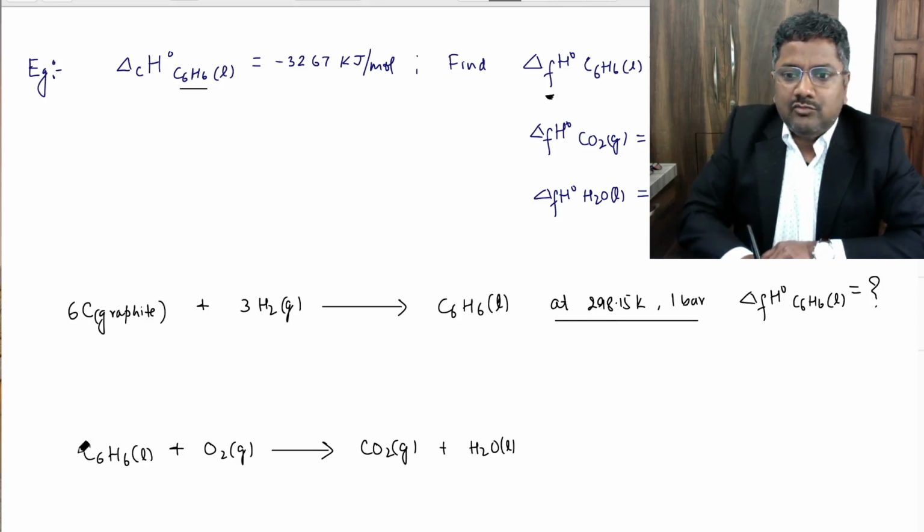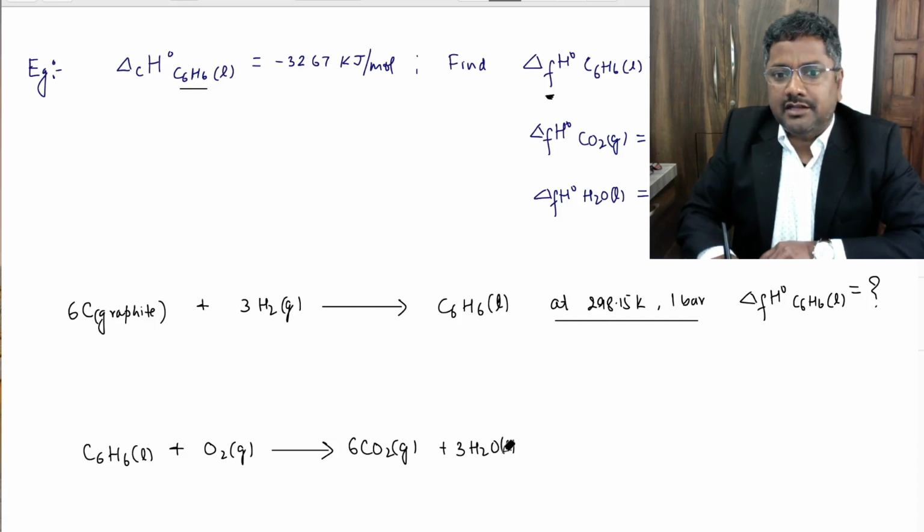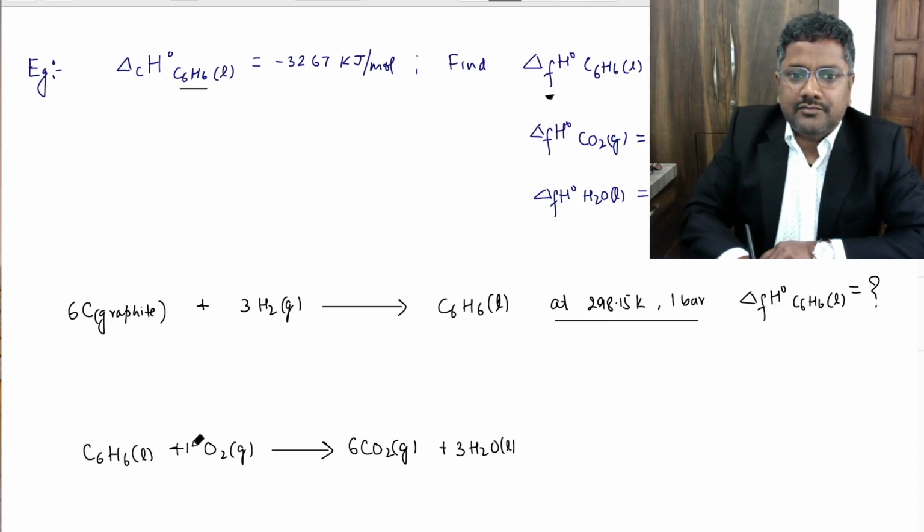Keeping 1 mole here, because this is a combustion and is defined for 1 mole of only the given species, you have to balance this equation. So 6 CO2, 3 H2O, 6 to the 12, and 3 is 15. So here 15 by 2, right?